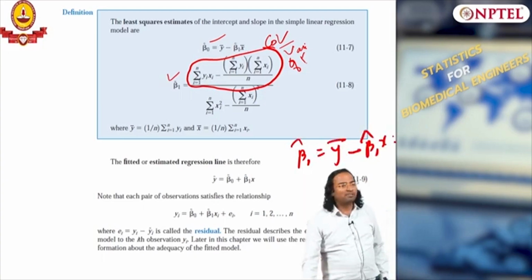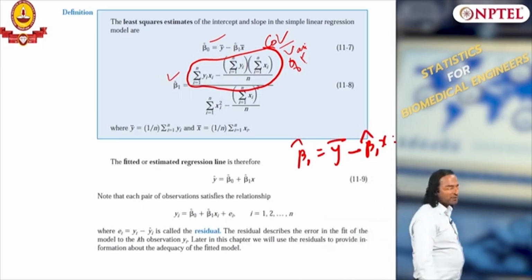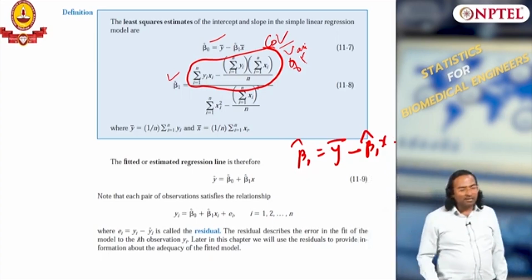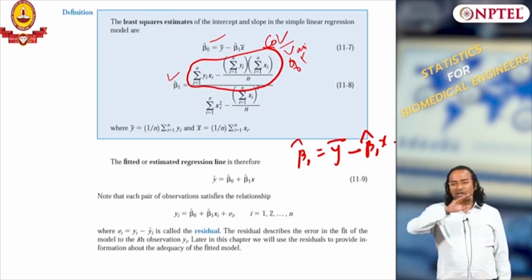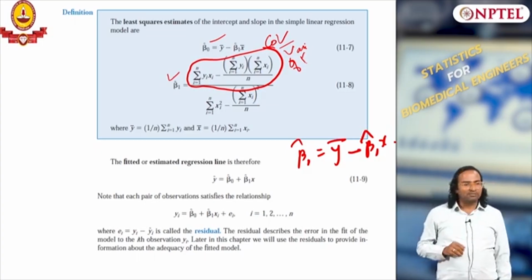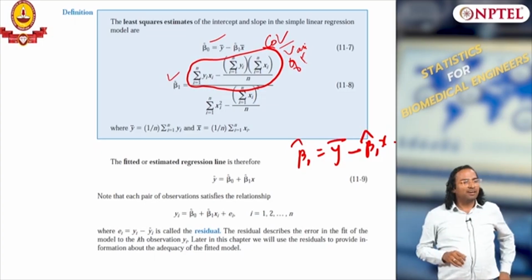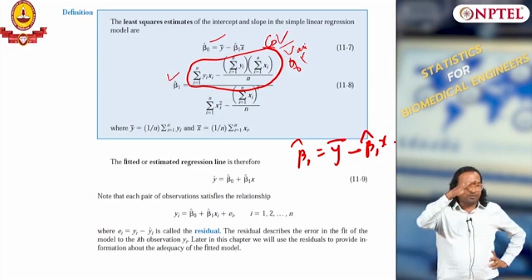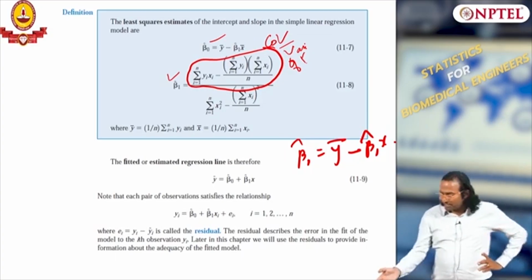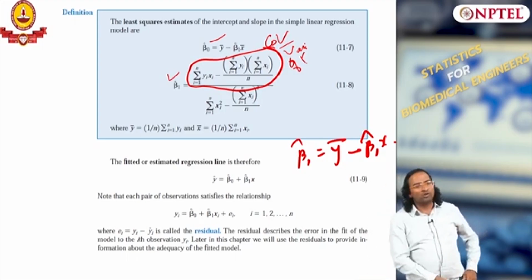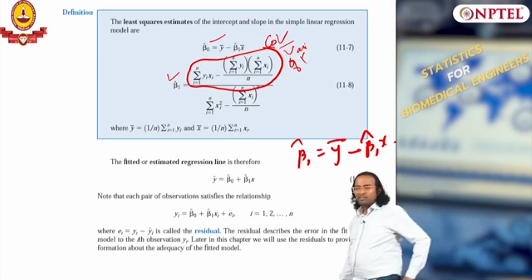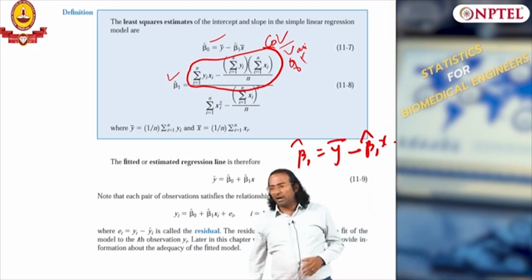Whatever is left behind that cannot be explained with regard to the mean is what beta naught is. That is why you call it an intercept: the shift from the mean, or the shift from 0, which is what you usually have at a center. It is the shift to accommodate the common mean part.